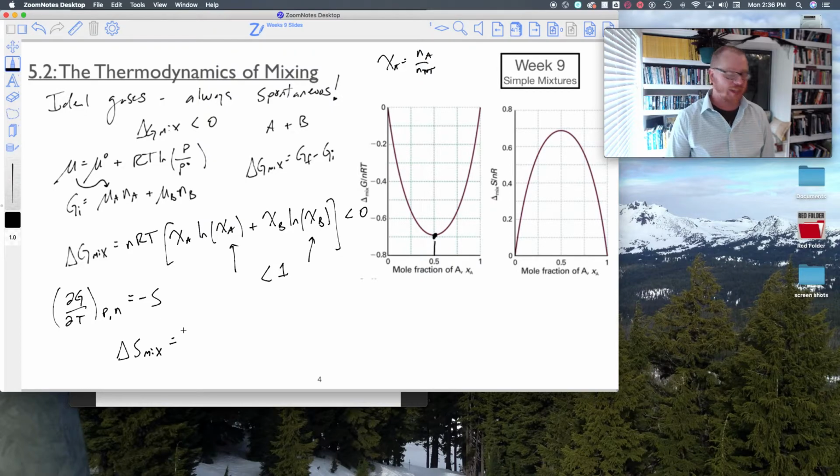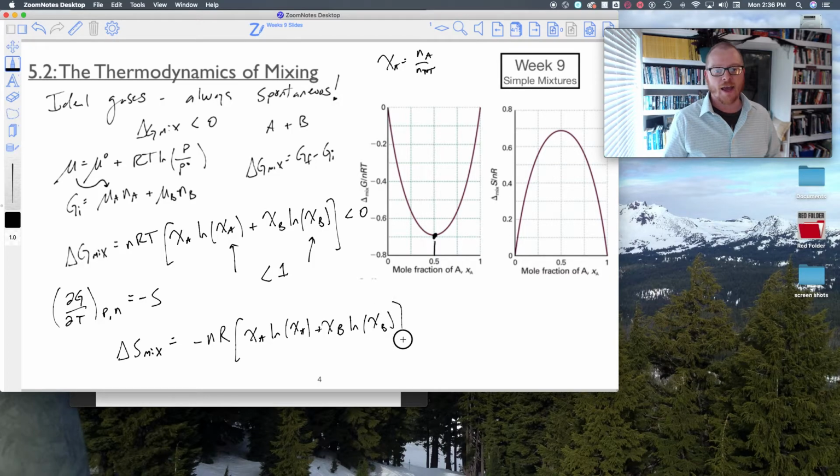That's just going to be given by taking the first derivative of this equation with respect to T. And of course, there's a negative sign in there. So that's going to become negative nR. The T drops out because I'm taking the derivative with respect to T. And so now that just becomes negative nR times chi A natural log of chi A, plus chi B natural log of chi B.